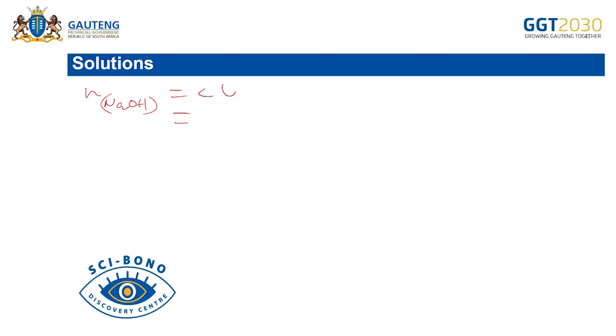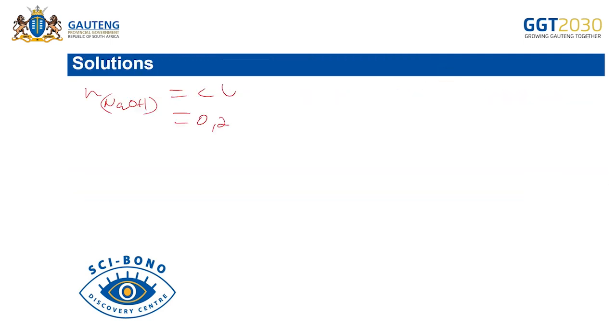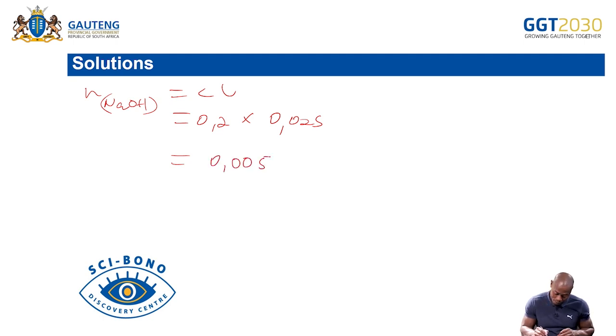Concentration is 0.2, volume is 25 divided by 1000, which is 0.025. So 0.2 times 0.025 gives 0.005 mole of sodium hydroxide.